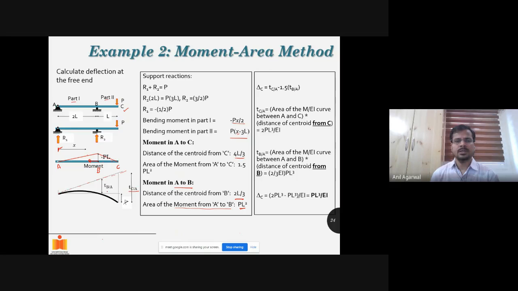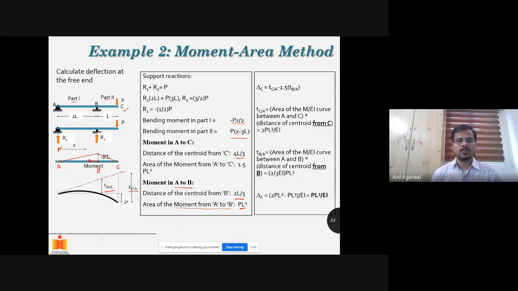And also I can get TBA. That is deflection at B from the tangent drawn at A. So if you see, the real deflection at B is 0. But what I'm talking about is deflection at B with respect to tangent at A. That will not be 0. Because at A there is some finite slope, and because of that there will be non-zero deflection at B with respect to that slope, that tangent.